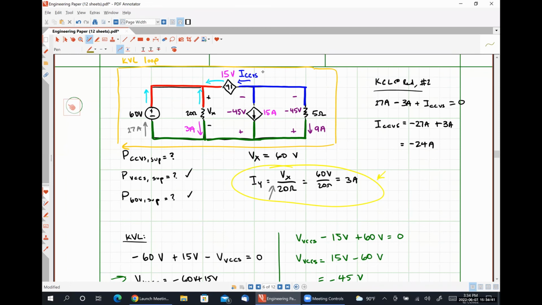So from here, we can simply plug in our expression and solve for our power, right? So our voltage drop is 15 volts. So P CCVS supplied is 15 volts times -24 amps.